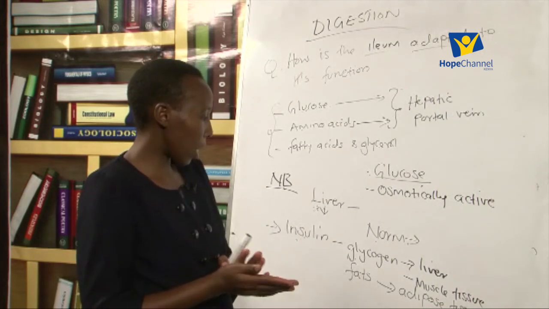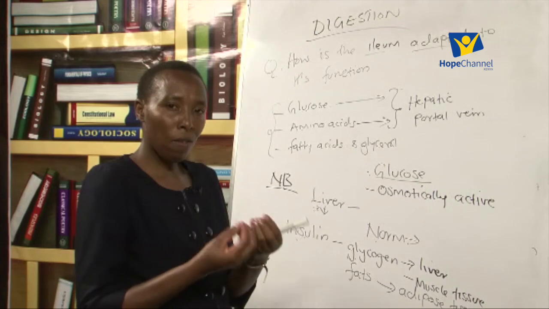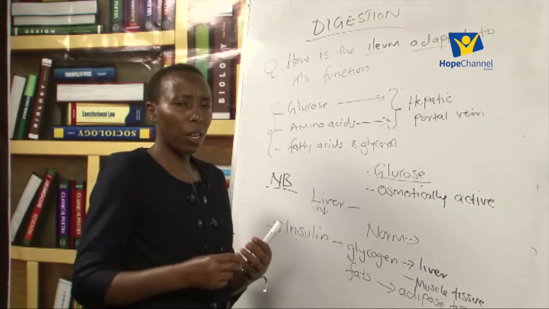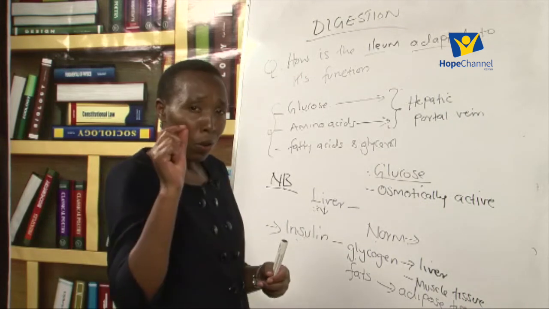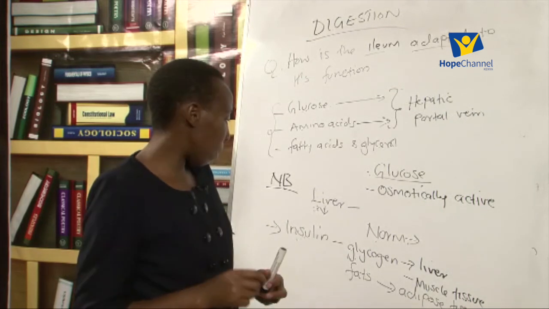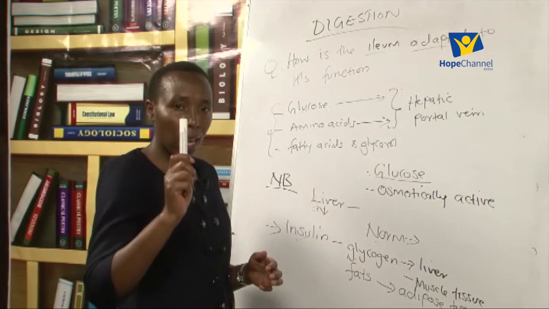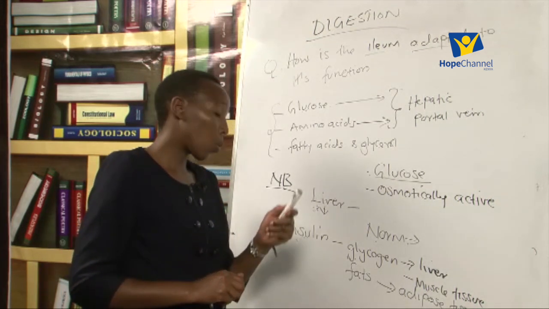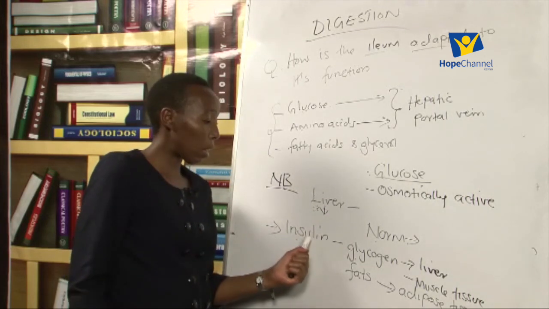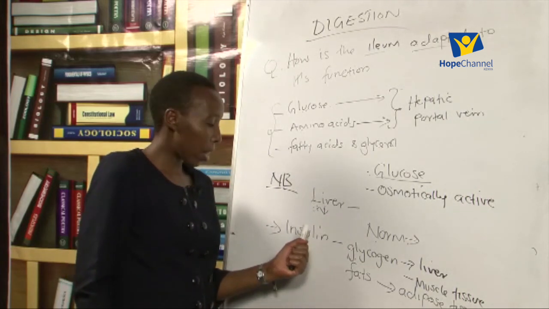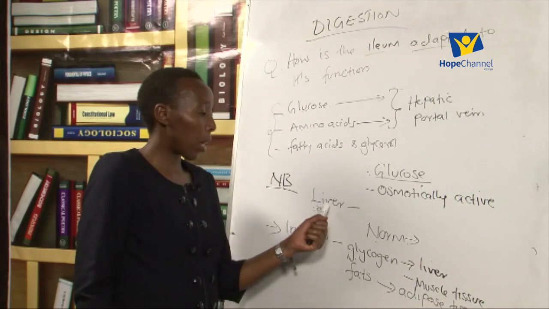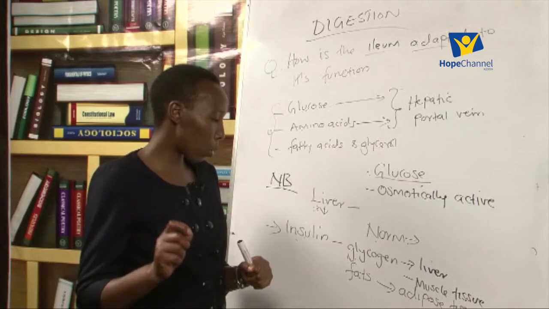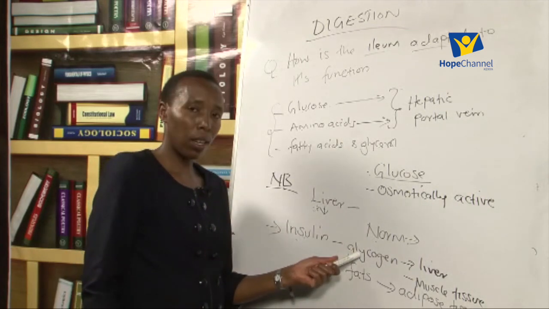Especially when we have absorbed glucose into the blood system, the level of glucose definitely goes high. The part of the brain known as the hypothalamus will sense the high level of glucose, and it will send an impulse to the pancreas, which will release insulin. Then insulin will stimulate the liver cells to convert excess glucose into glycogen.